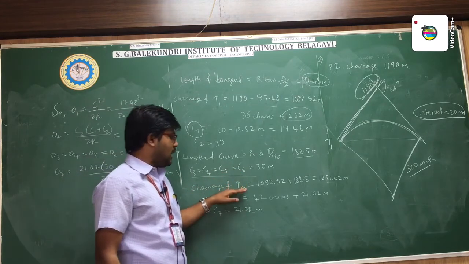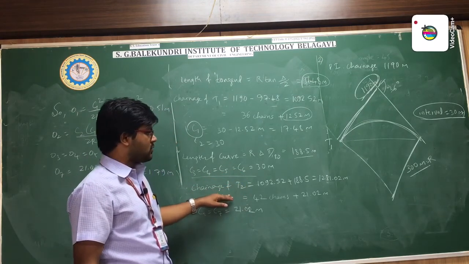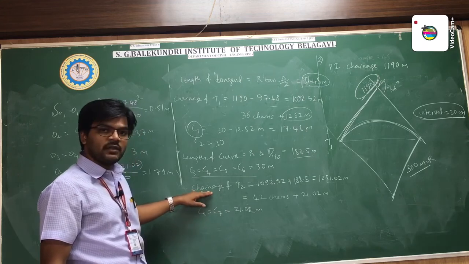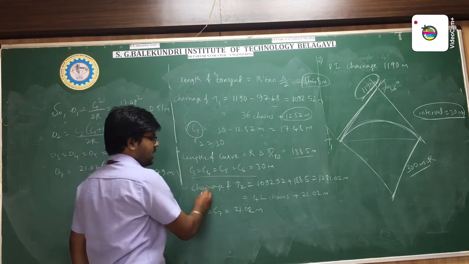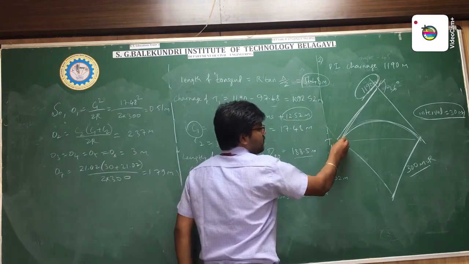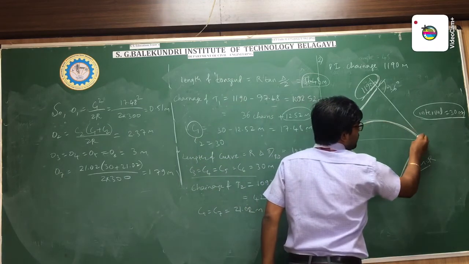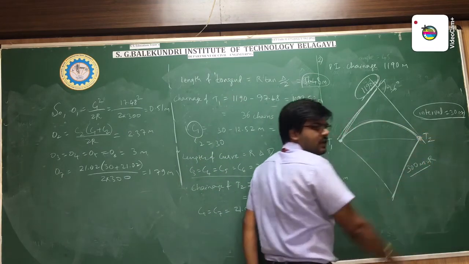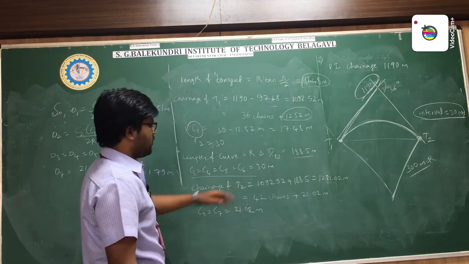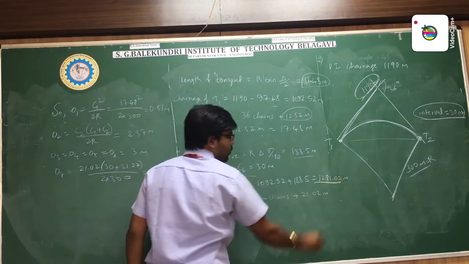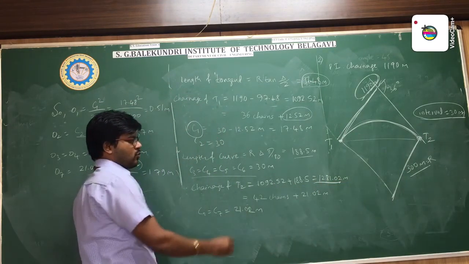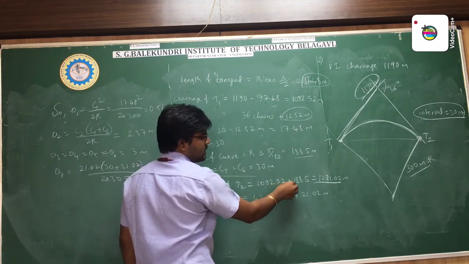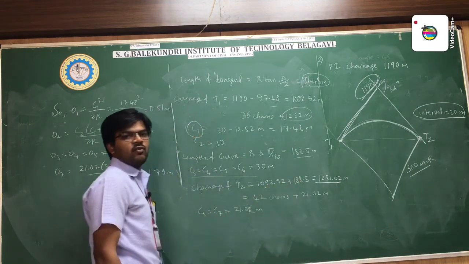To calculate the last chord, we need to calculate the chainage of T2. Chainage of T2 is chainage of T1 plus length of curve. Chainage of T2 is 1281.02, that is 1092.52 plus 188.5, the length of curve.